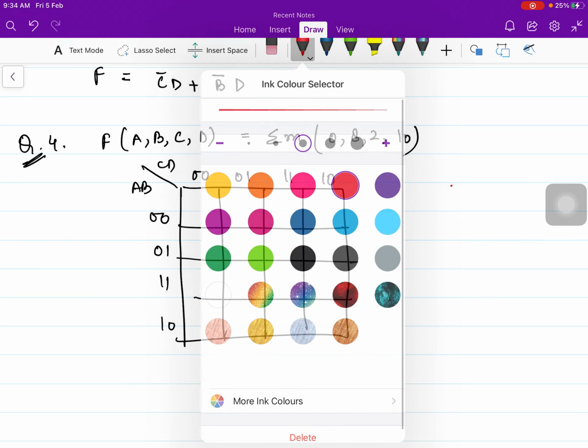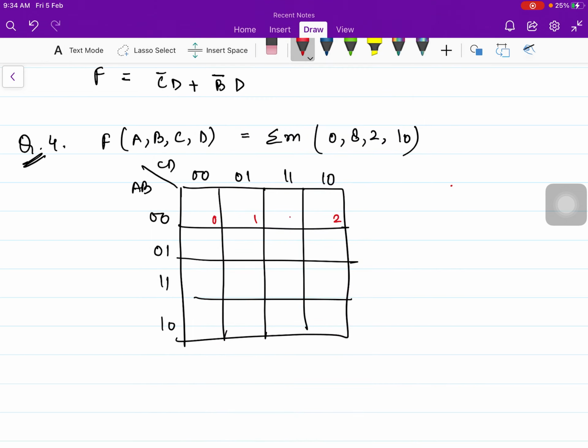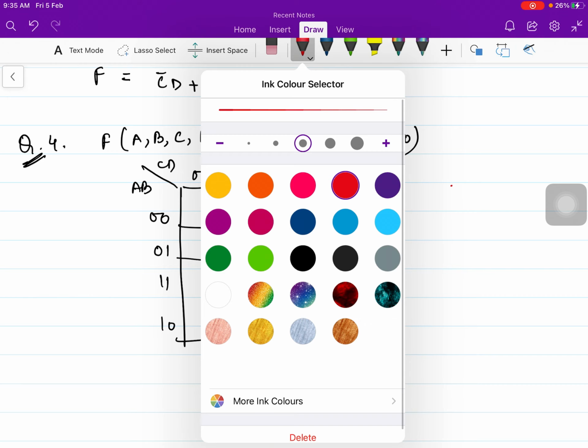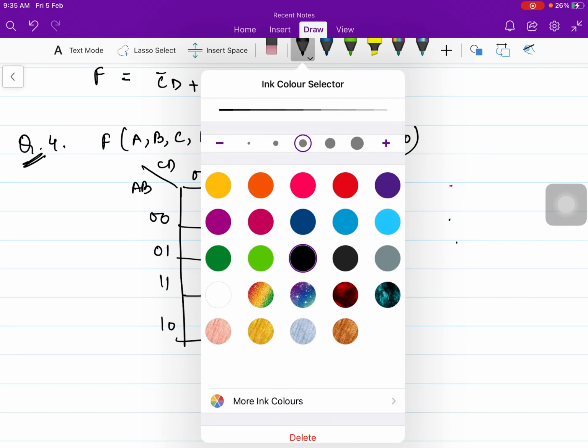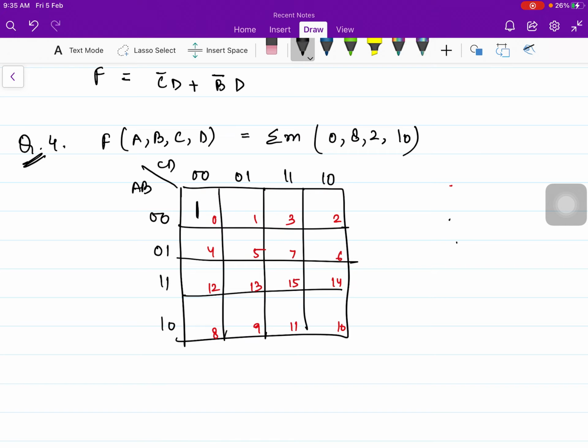Do the numbering. Insert ones: 0, 2, 8, 10.